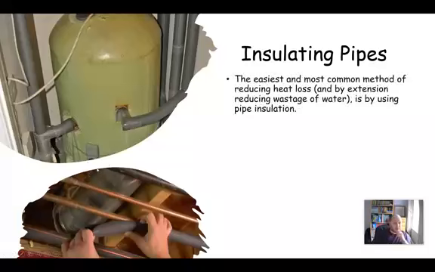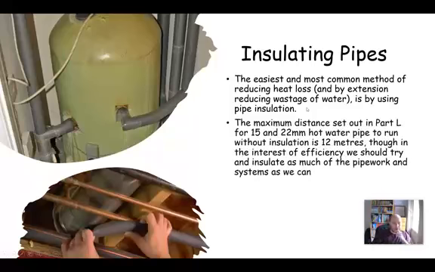So firstly, insulating the pipework. The first step you're going to take is insulate the hot water pipes. That reduces heat loss, and means you have less worry about the water cooling as quickly.